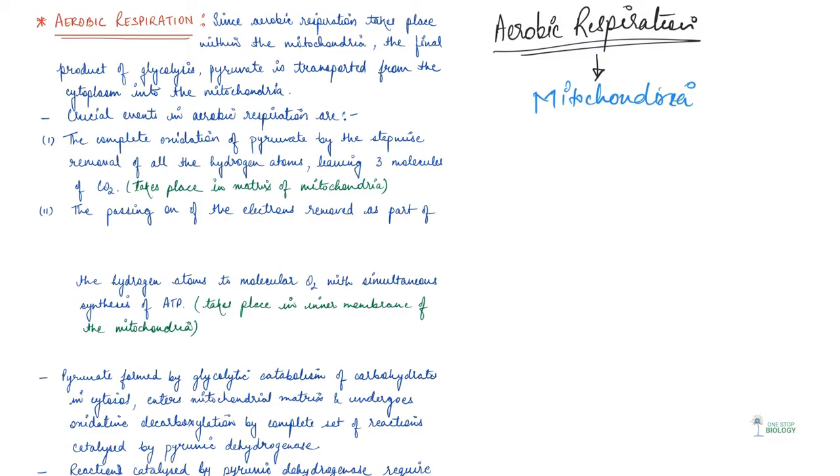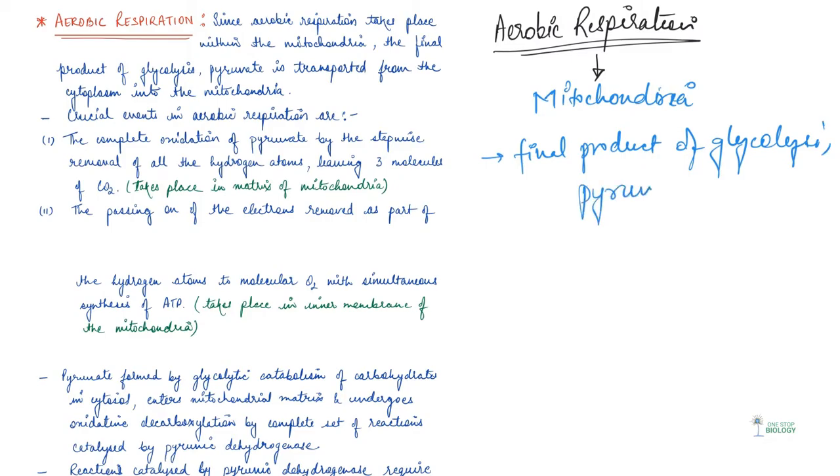So for aerobic respiration to take place within the mitochondria, the final product of glycolysis, which is pyruvate, right? Glycolysis happens in the cytoplasm.